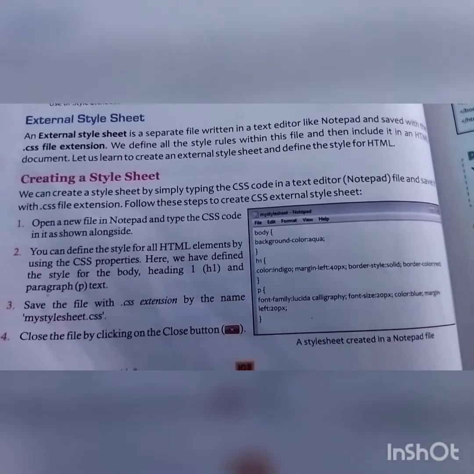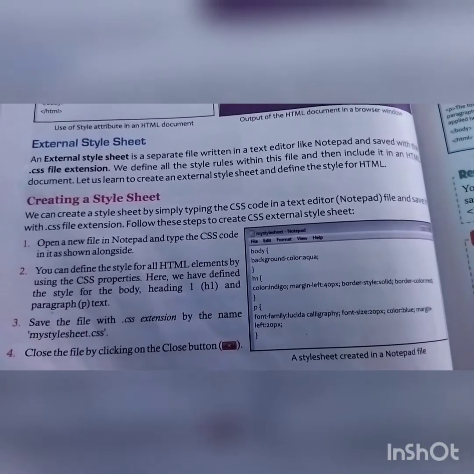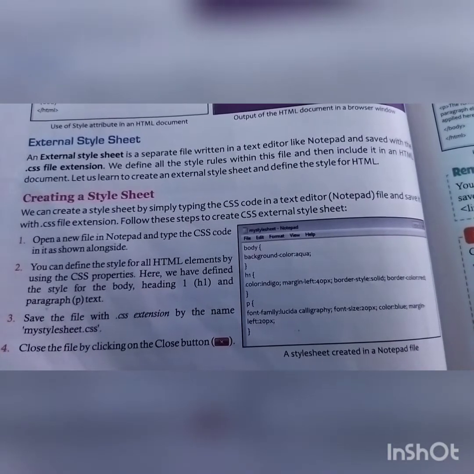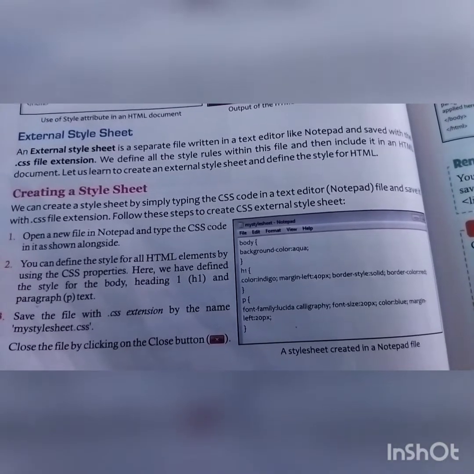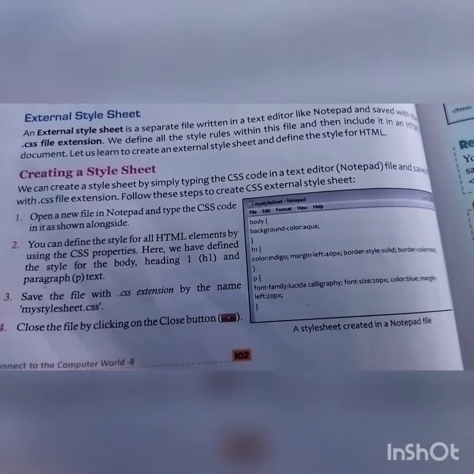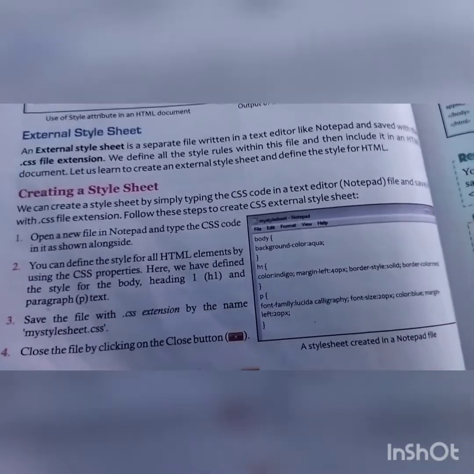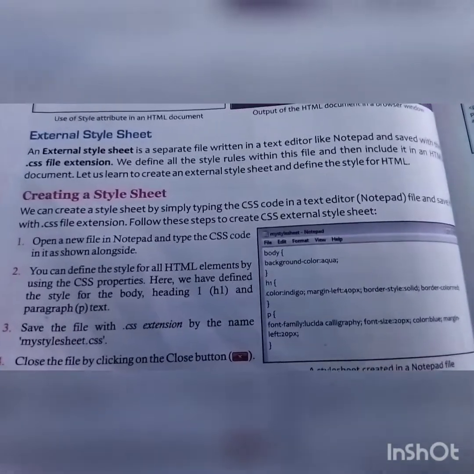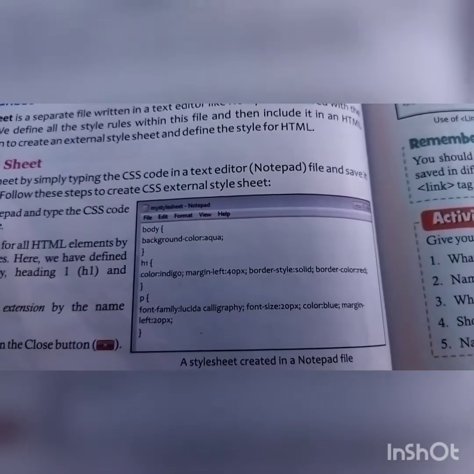First of all, open a new file in Notepad and type the CSS code shown alongside. You can define the style for all HTML elements using CSS properties. We have defined the style for the body, heading 1 and paragraph text. Then save the file with the .css extension, name it mystylesheet.css, and close the file. You can see this is the coding for the external style sheet.